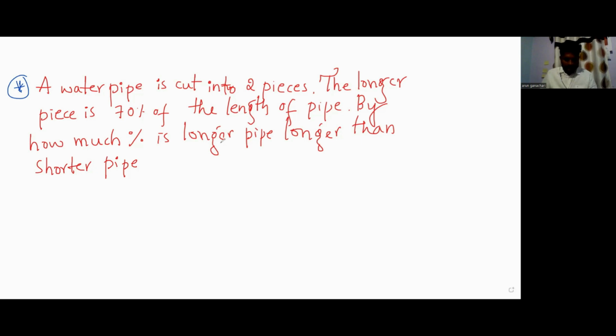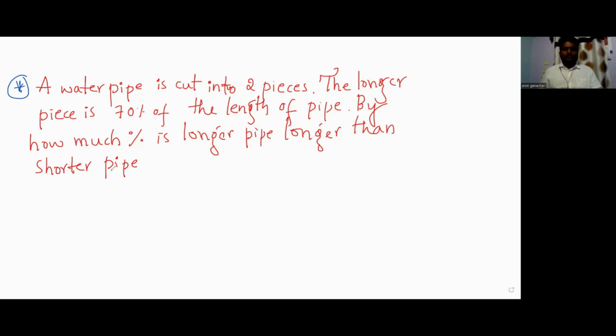How much are you getting? How to solve this and how much you are getting?